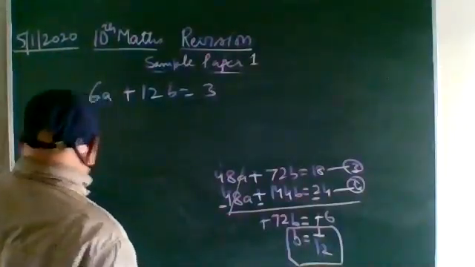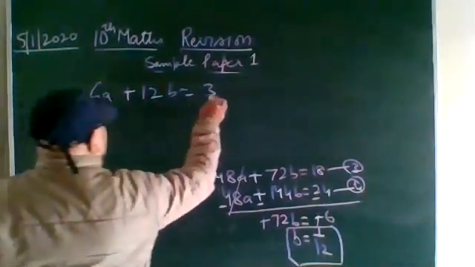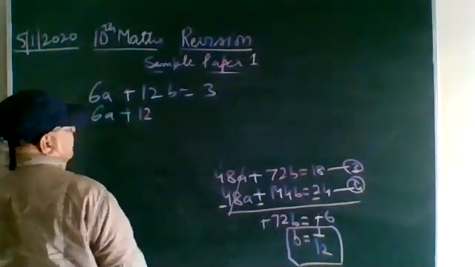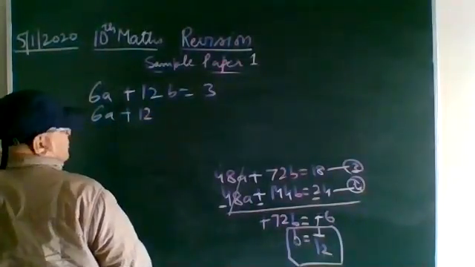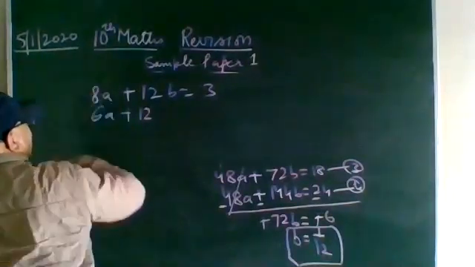Putting the value of b, 8a plus 12 times 1 upon 12.